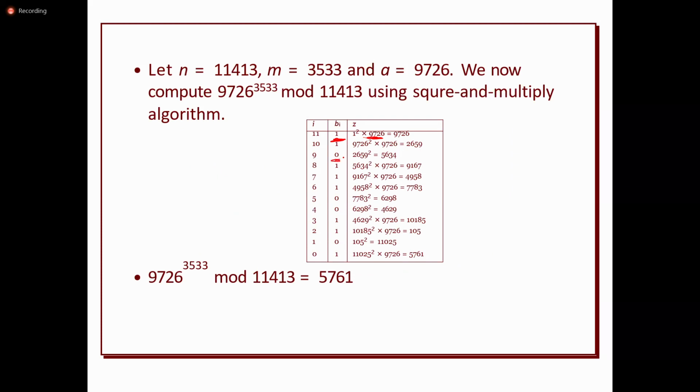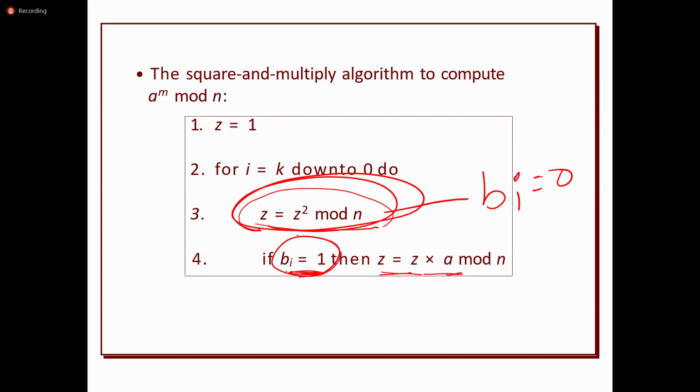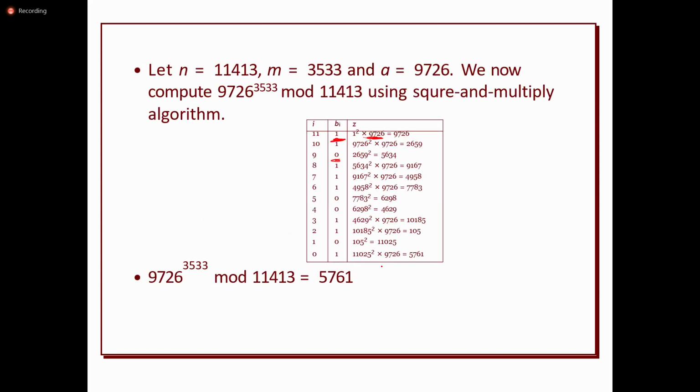Otherwise, it simply takes the square and mod with n. So this is for bi equal to 0. If bi is equal to 1, then only it multiplies with a. So this is one of the procedures for calculating a power m mod n, the square and multiply algorithm.